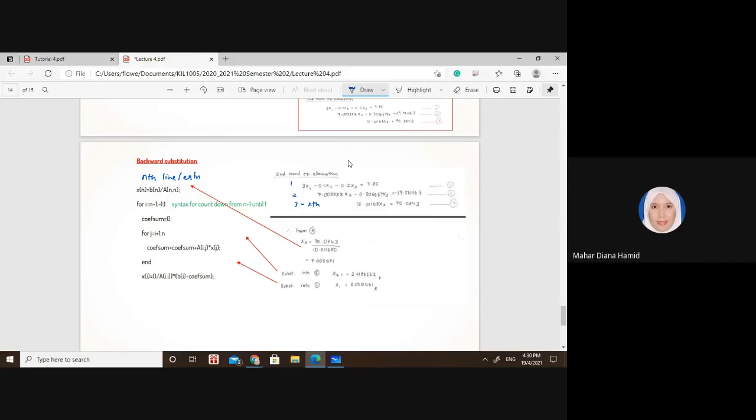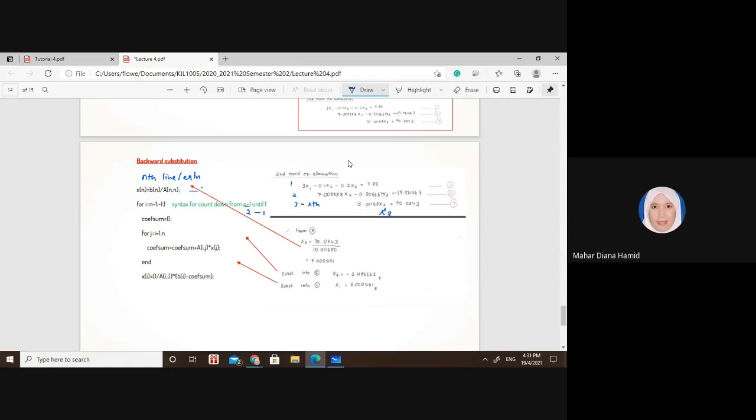So this is the syntax to count down from n minus 1 until 1. So this is from 2 until 1. So if you try to do that, first you will get the value of x3 here.